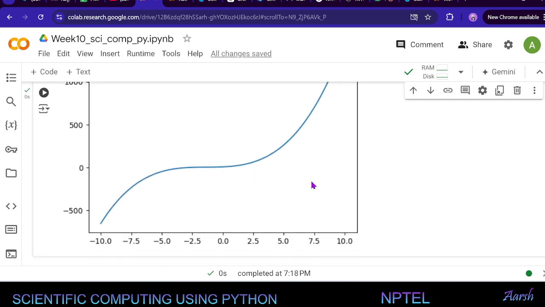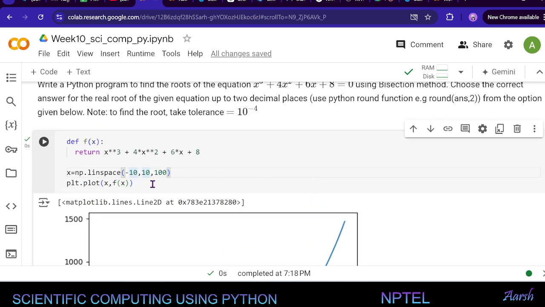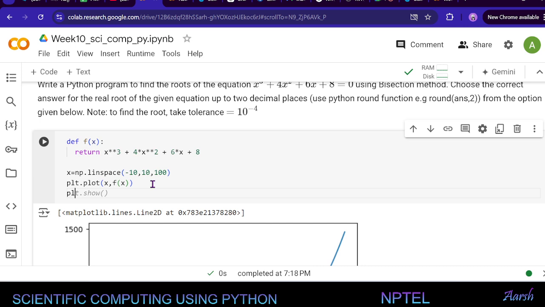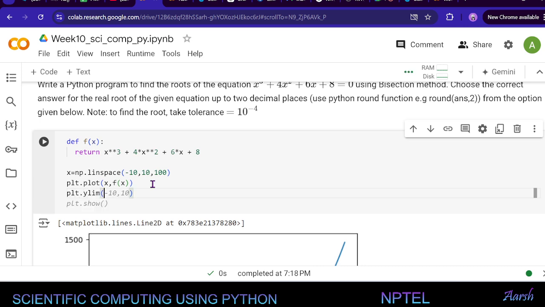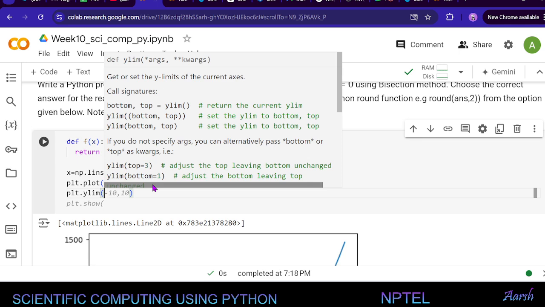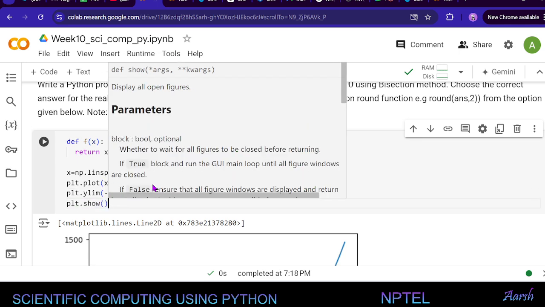So we can first give it some y limit. So plt dot ylim, minus 10 to 10. Yeah, sure.